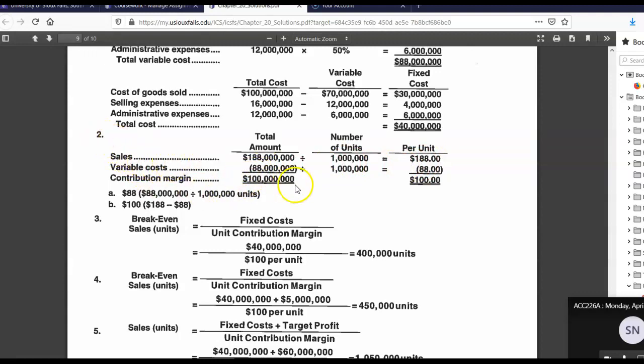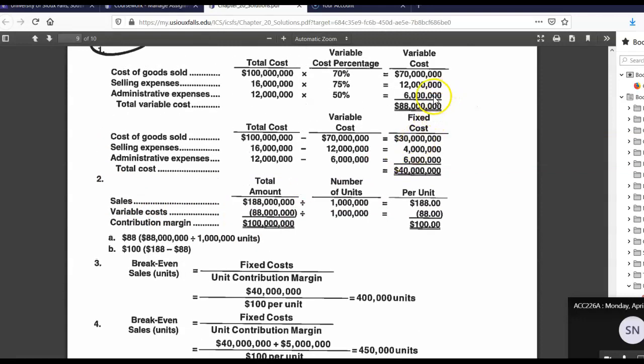The variable costs, well, we have to take that right up here. All the variable costs, cost of goods sold, selling, administrative, all variable costs, 88 million divided again by that million units that we're producing is $88. So what's our contribution margin?